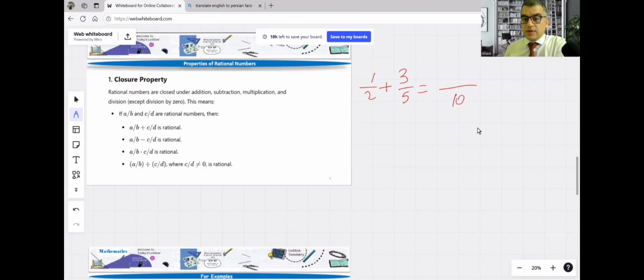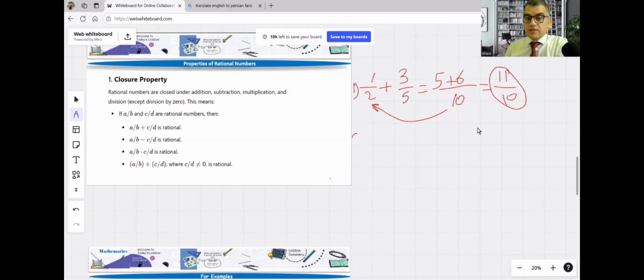It is 10, so 10 divided by 2 is 5, 5 times 1 is 5, plus 10 divided by 5 is 2, 2 times 3 is 6. So it is equal to 11 by 10. See, when we add two rational numbers, again we got a rational number, right? So that is why we say rational numbers are closed under addition.